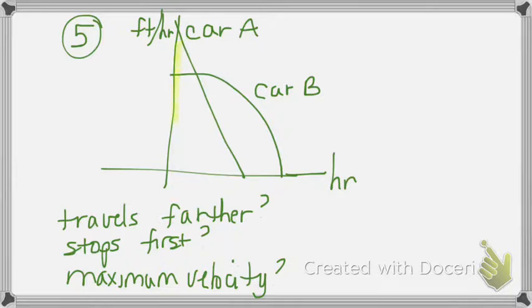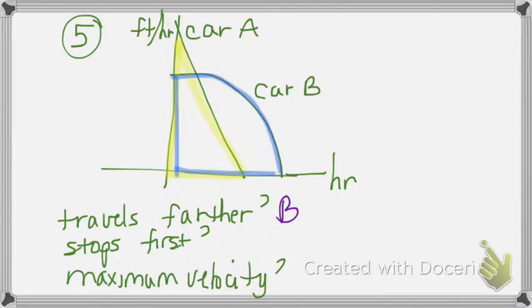So if I think about car A, the distance car A traveled is the area of that triangle. If I think about car B, the distance car B traveled is the area of that part of the circle. Well, which one has a bigger area? Car B does. So car B must have traveled farther. We don't have to find it, it just says which one.